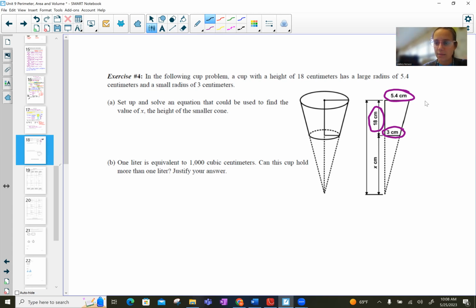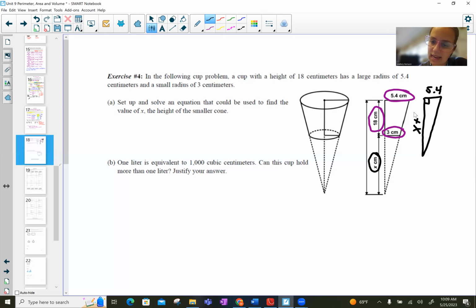If I did the big one, and it does end up being a right triangle, I'd have 5.4 on the top. Now on the side, I have this unknown height that was lopped off, but then I also have the top part of the cup.